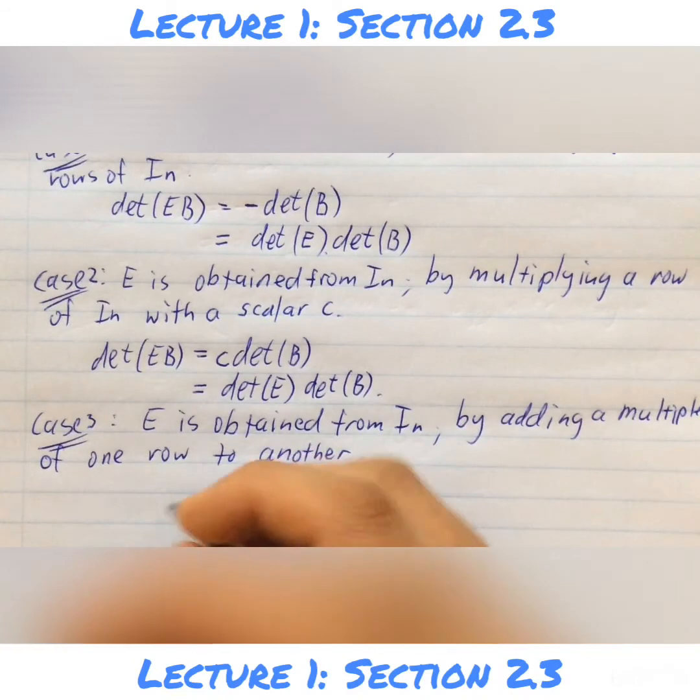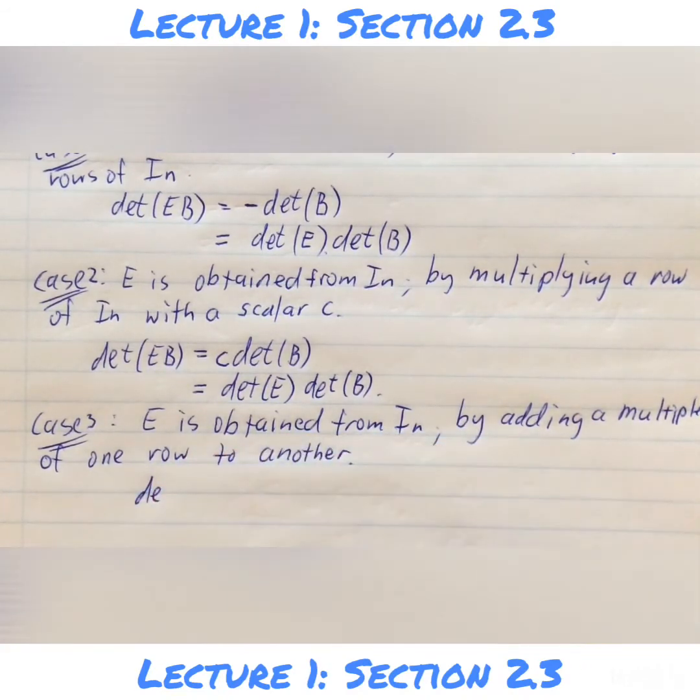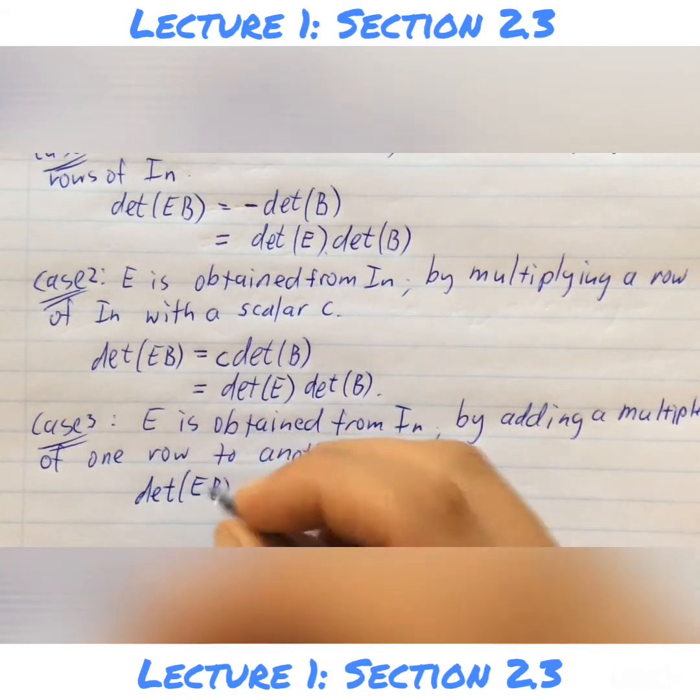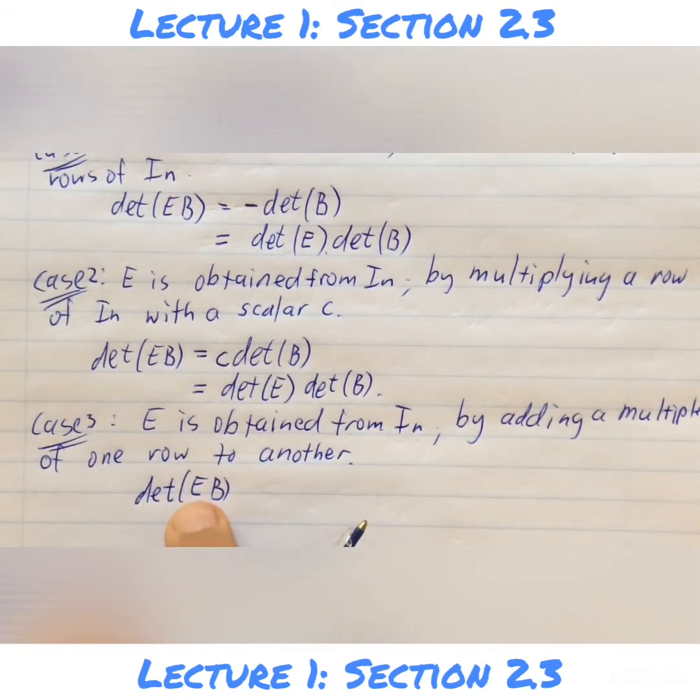And again, it's the application of our previous theorems. So again, how do we calculate the determinant of this matrix? The product, you obtain by applying the operation you used to get E to B. So what are you doing? You're taking B and adding a multiple of one row to another.